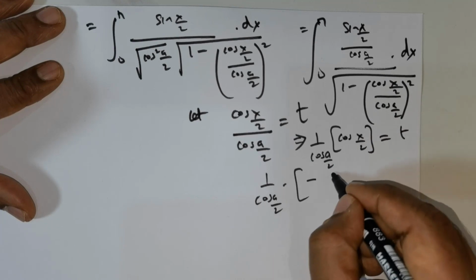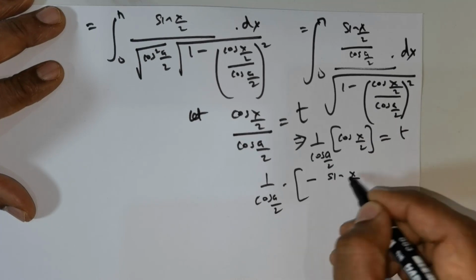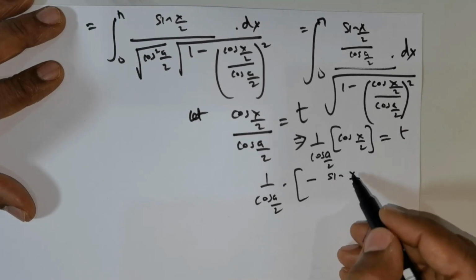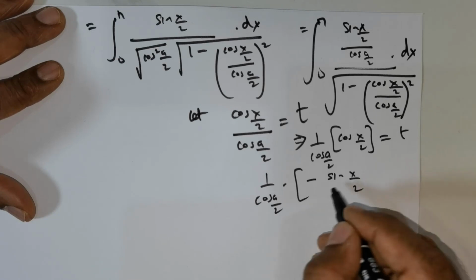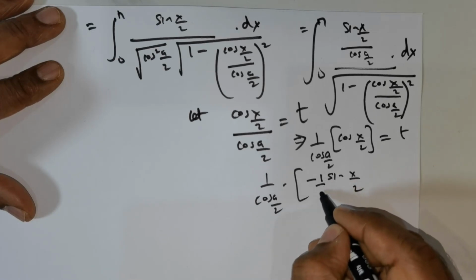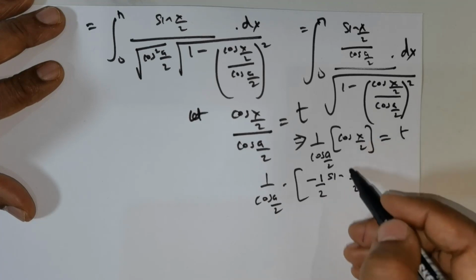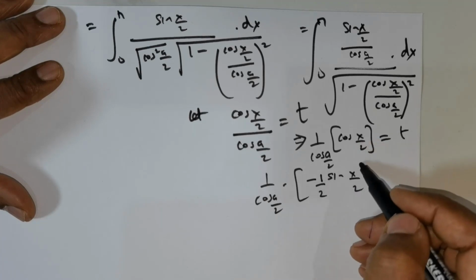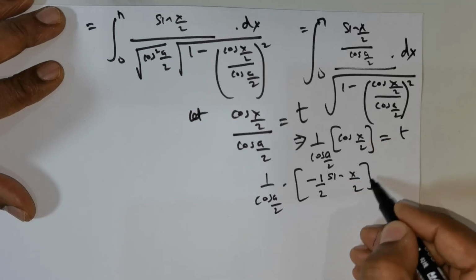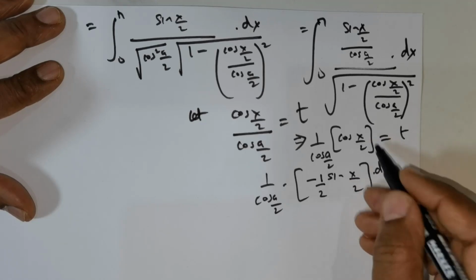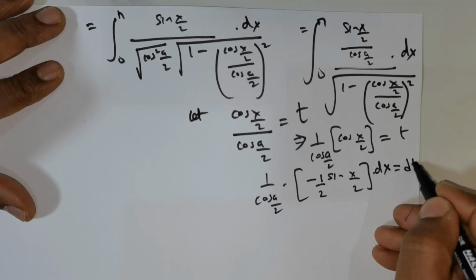The differential of cos x over 2 is going to give me negative sine x over 2 times the coefficient of x, which is 1 over 2. So the differentiation of cos is sine with a negative sign, and the coefficient of x is nothing but 1 over 2. So that has to be placed, times the differential operator dx. This is equal to dt.